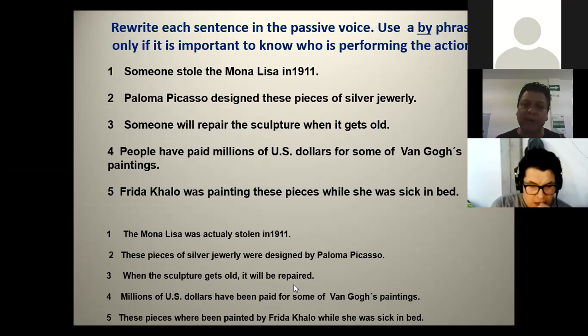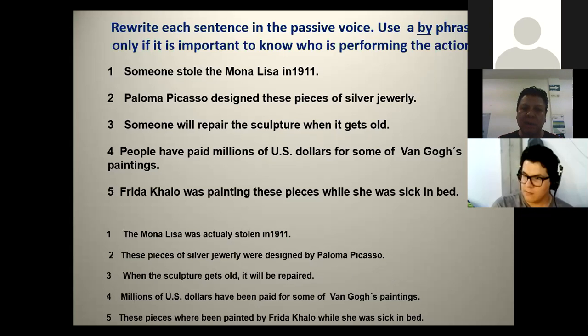Raul says different, and it was very good too. People have paid millions of US dollars for some of Van Gogh's paintings. Millions of US dollars have been paid for some of Van Gogh's paintings. Frida Kahlo was painting these pieces while she was sick in bed. These pieces were being painted by Frida Kahlo while she was sick in bed.